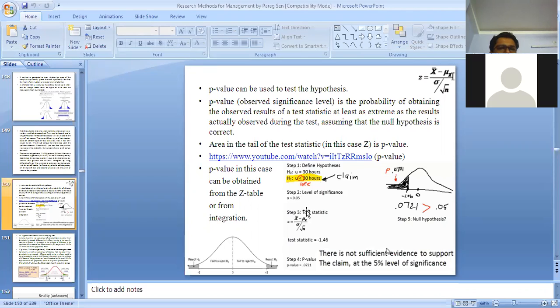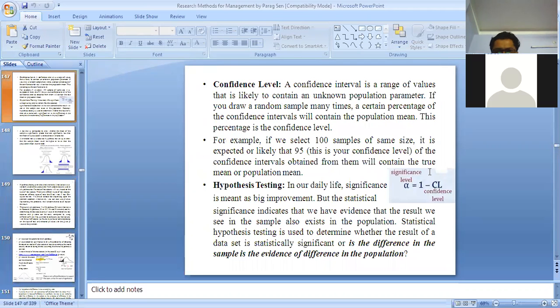The significance level is given by 1 minus the confidence level, as I showed you earlier in this formula. Usually we prefer a confidence level of 95%, so we consider the significance level equal to 0.05.